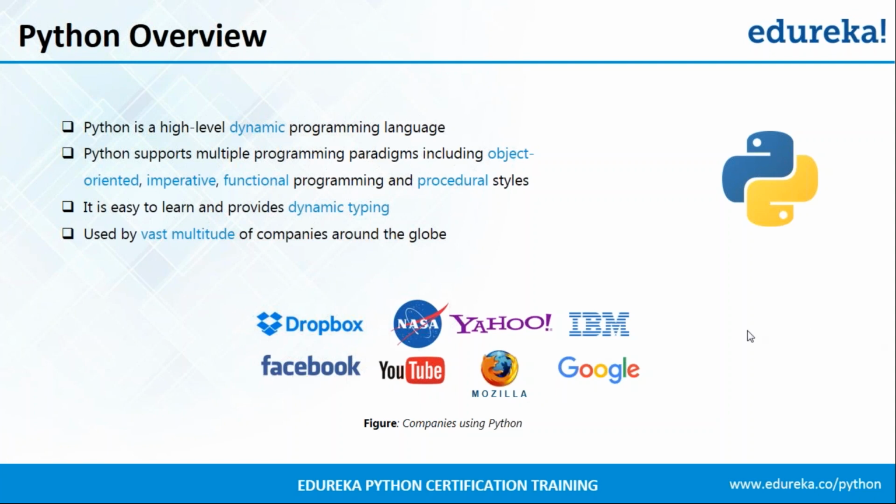Okay, so David is asking, can you tell me some common applications of Python? Of course, sure. Google is using Python for extensive web searching, and NASA is using it for some kind of scientific programming tasks. So the applications are different, but most widely Python is used to write scripts to automate your infrastructure, and it is also very widely used for web development, like Google is using that.